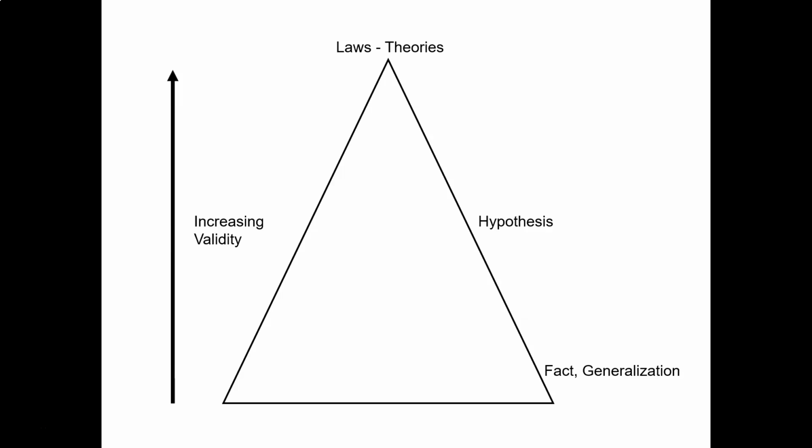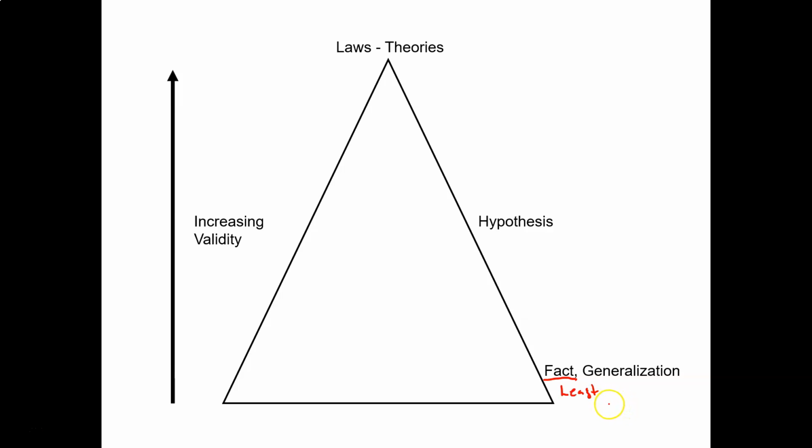Now, when we start taking a look at science and things of that nature, a lot of people really think that facts are this really powerful thing. Actually, facts happen to be kind of the least accurate.